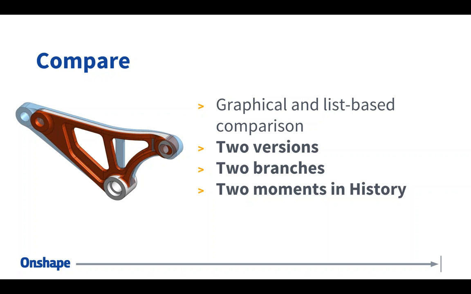So you don't even have to create a branch or a version. You can go into your history or your version manager today, go back to a moment in history a few months ago and hit compare, and it will show you the difference between your design today and whatever you selected in the history. So even two moments in history can be compared. So this is definitely a very cool tool. So let's jump into it.